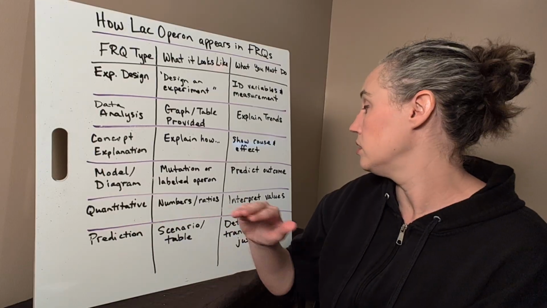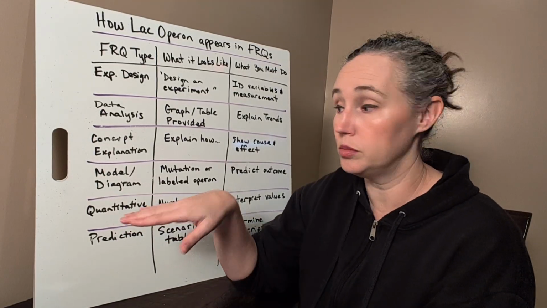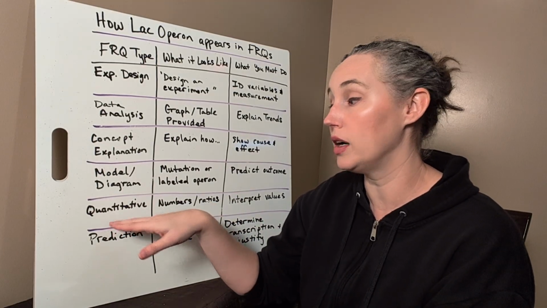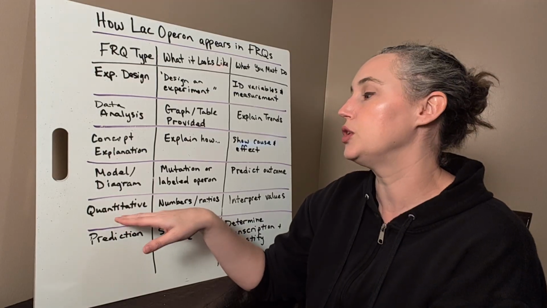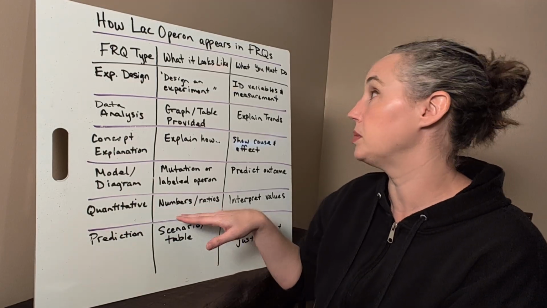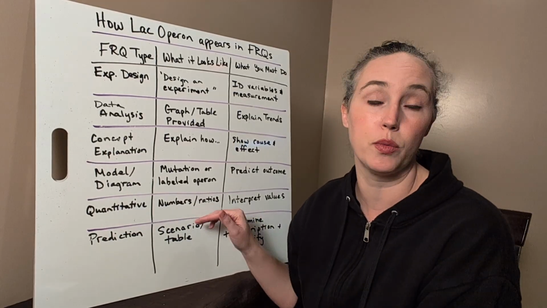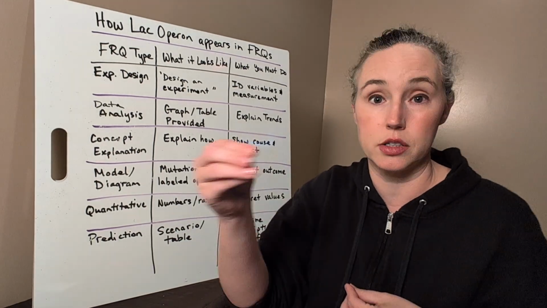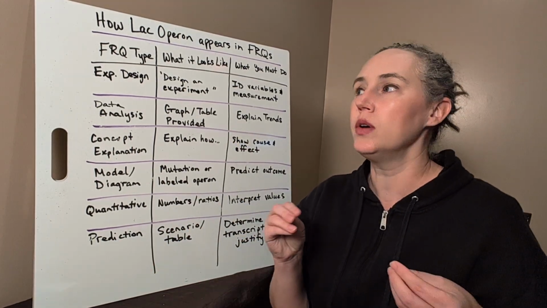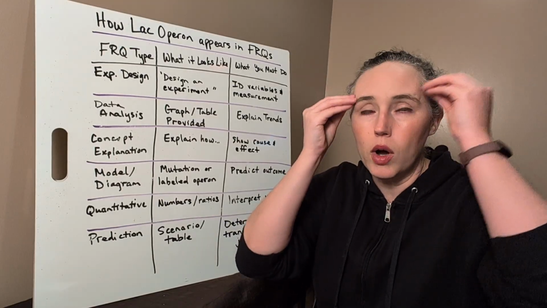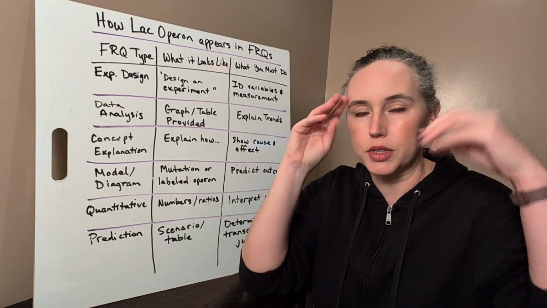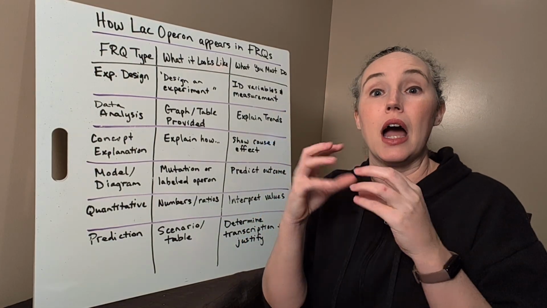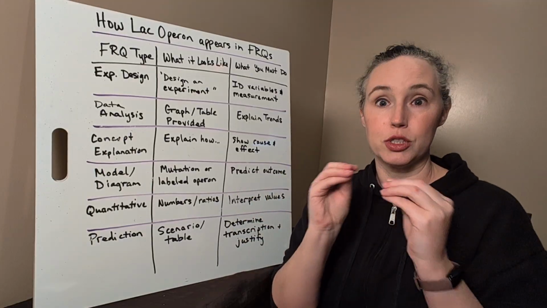Then there's a quantitative question. In this, you're going to be seeing numbers and ratios. So instead of just present and absent, it may give you specific concentrations. You don't have to know what counts as a high lactose concentration. Just compare the numbers to each other.